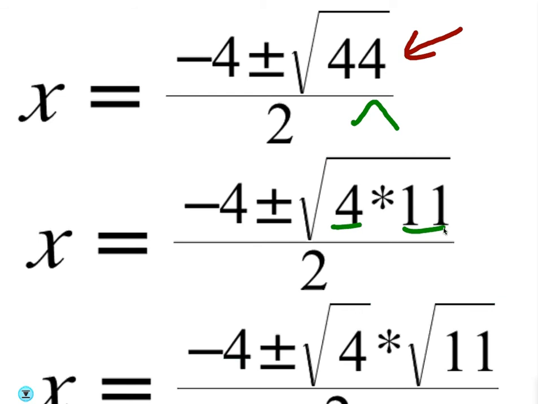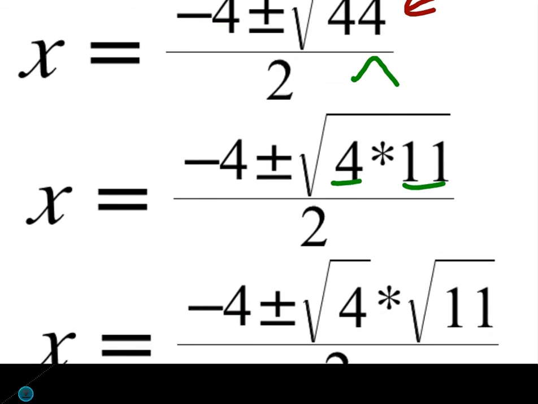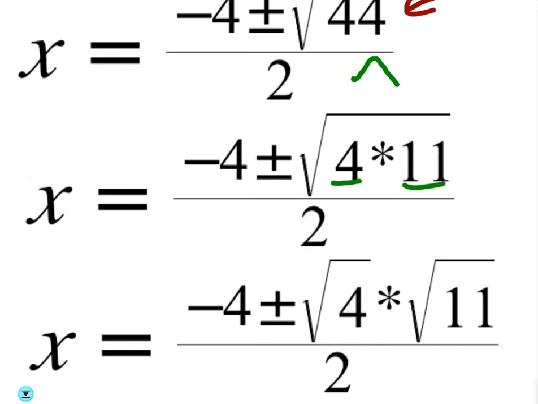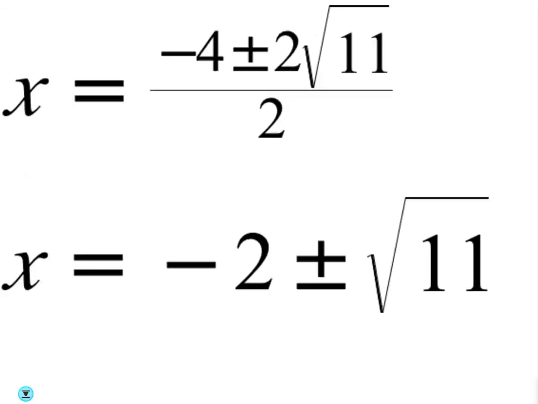And then all you do from there is take the square root of 4, which is 2. So the square root of 4 right here is just going to become 2. Once you break that radical down, you're then going to take every term on the top and divide by 2.